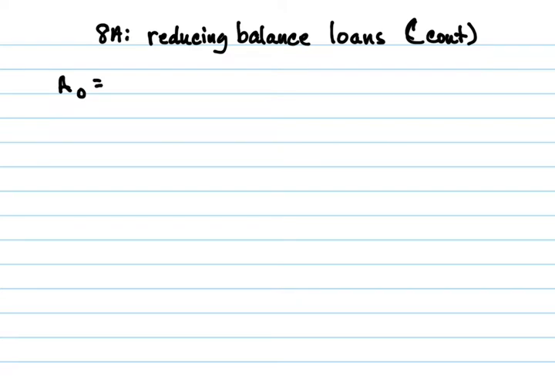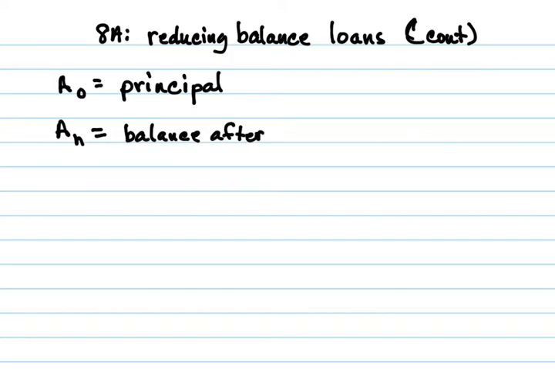A sub 0 is always the principal or originating amount of the loan, right? A sub n simply means the balance after n compounding periods. Now I'm going to just write periods, but you know that means compounding periods, I hope, please.